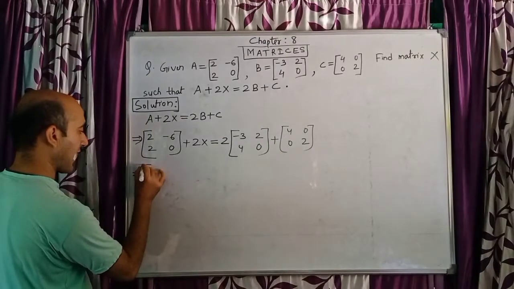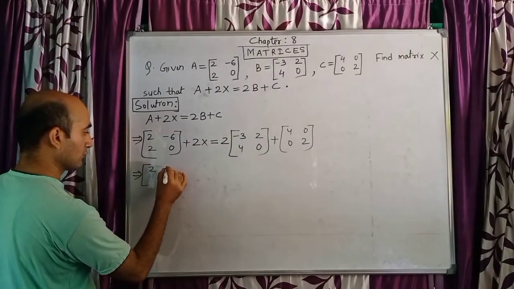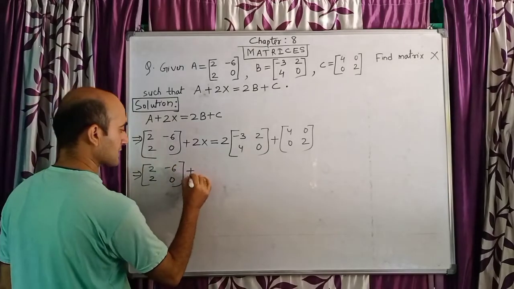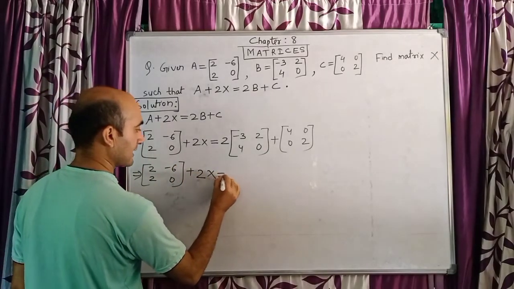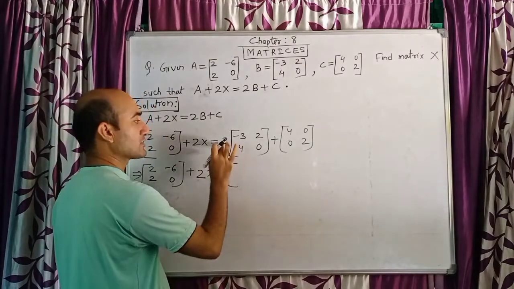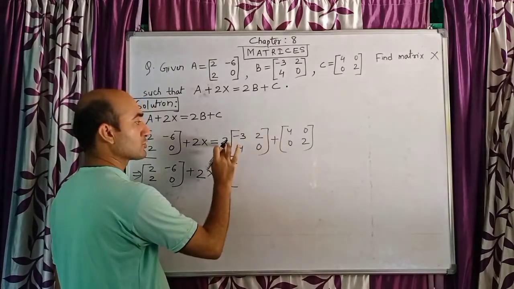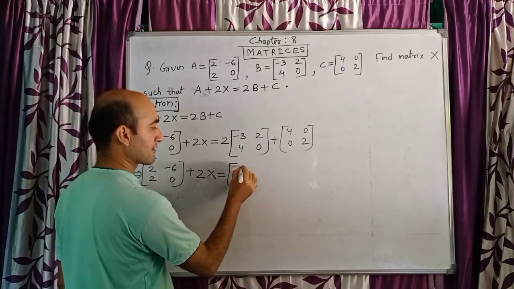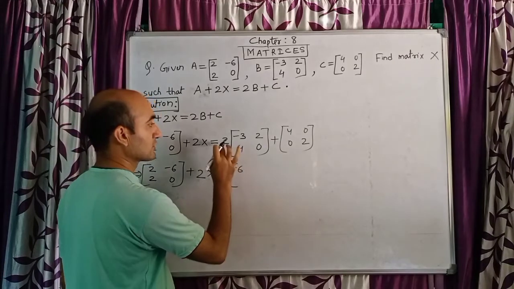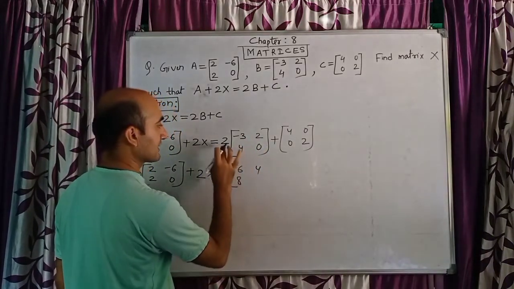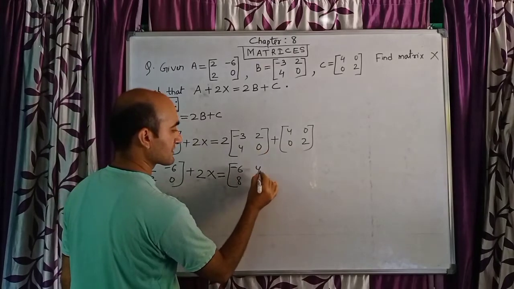So now I will write the same thing: 2, -6, 2, 0 plus 2X equal to, and next you have to multiply this 2 with the interior elements. 2 3s are 6, but there is a minus, so I will write -6. 2 2s are 4, 2 4s are 8. 2 into 0 is 0.